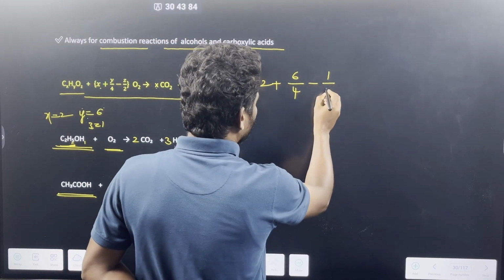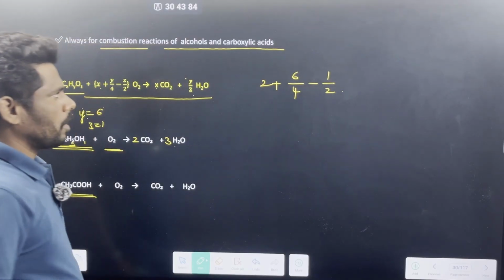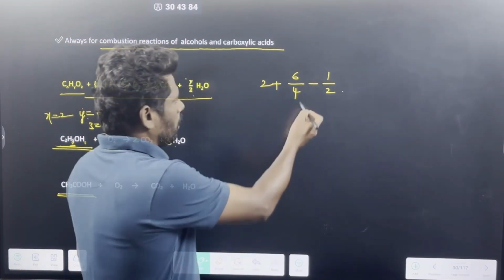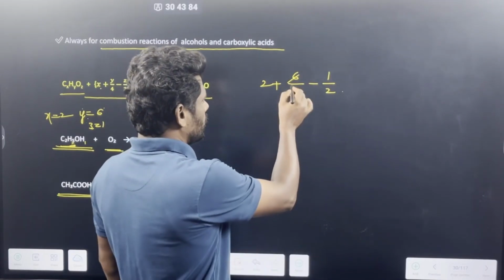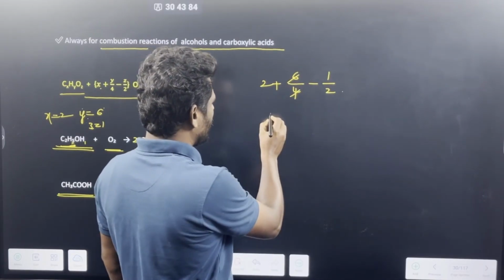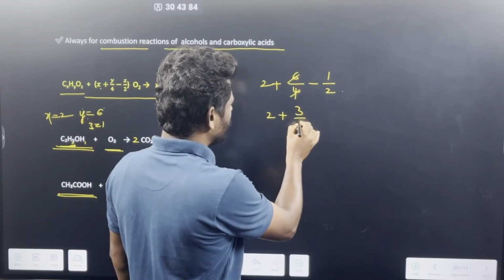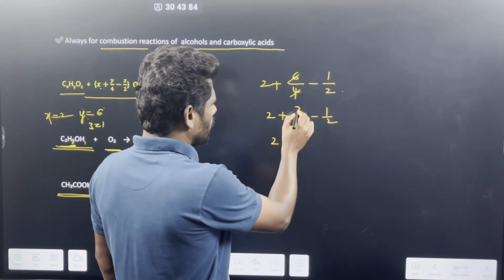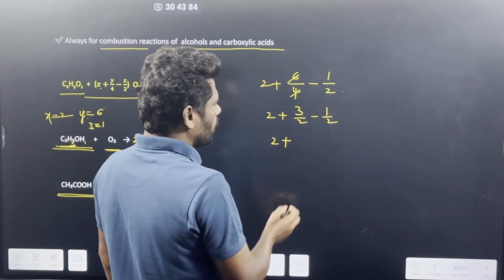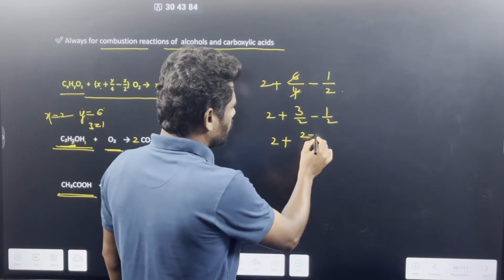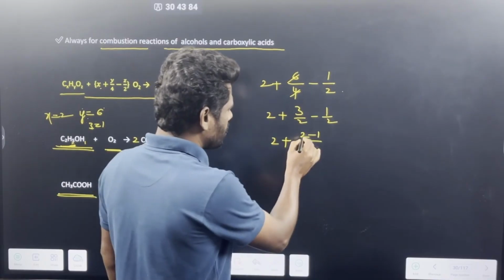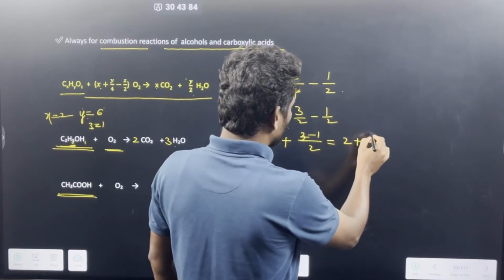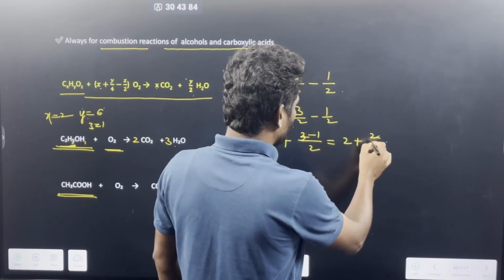1, and divided by 2. When you calculate this, you will get the answer here. Let's simplify it. 6 by 4 will be equal to 3 by 2, minus 1 by 2, which will be equal to 3 by 2 minus 1 by 2, which becomes 2 by 2, which is equal to 1.